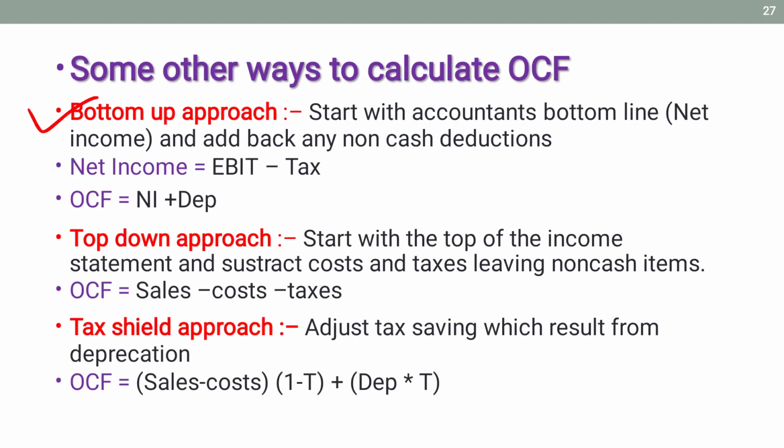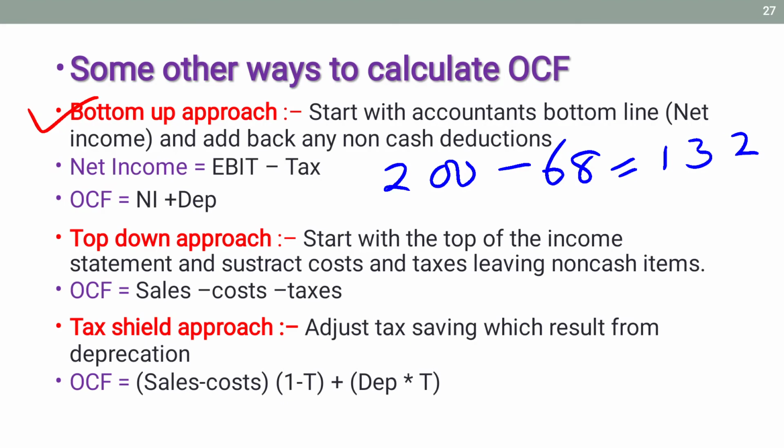Let me do it here: 200 minus, we already found tax is 68. How did we find 68? 200 times 34 percent. Okay, the answer is 132.